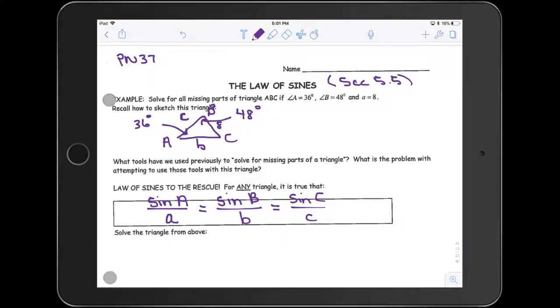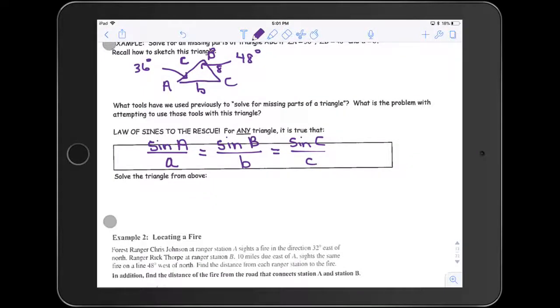Okay, so now it says solve the triangle from above. So using the law of sines, I know that I have sine of 36 degrees, which is angle A, and I'm going to put that over side A. And I know sine of 48 degrees is associated with angle B, so sine of 48 degrees over side B. So really essentially you just have to pick one part of the proportion.